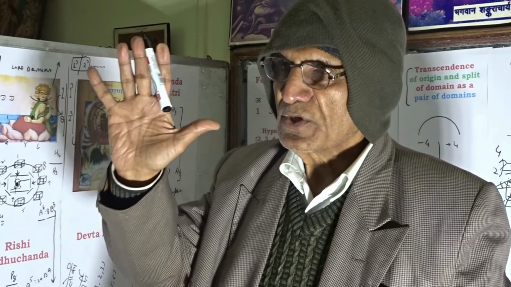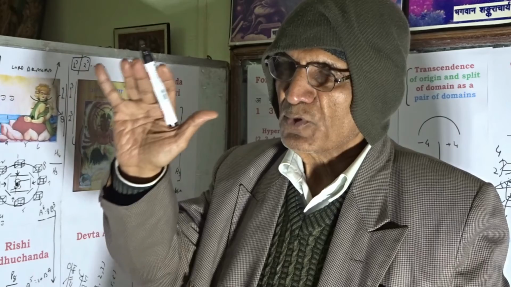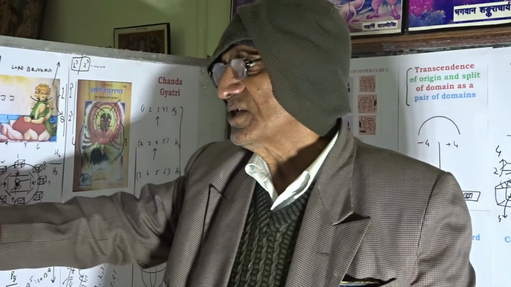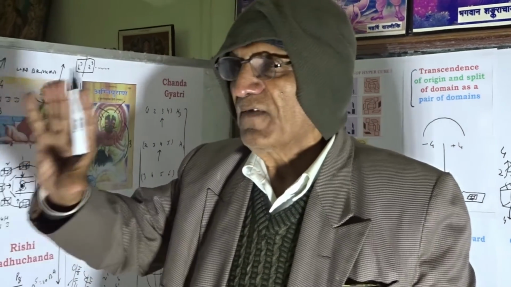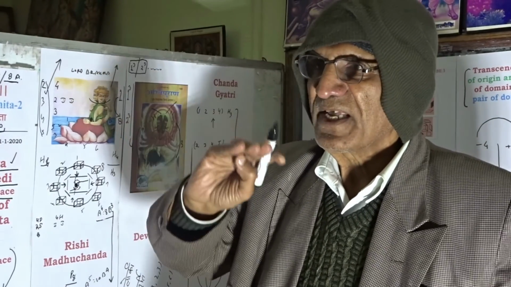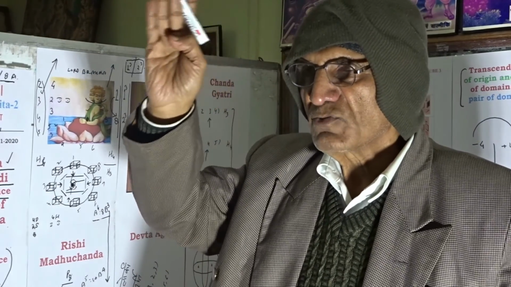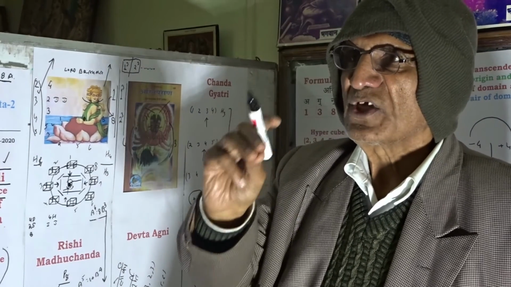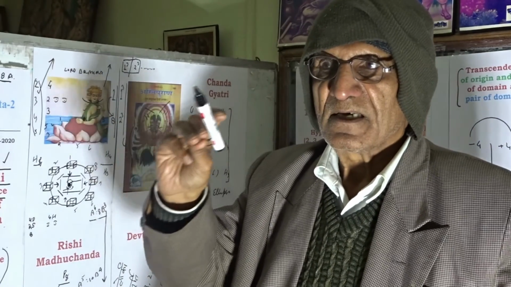So our solar universe is of the potentialities of the order of the transcendental domain itself. And 5 space in the role of a dimension will take us to 7 space, that is to a pole star, which is to play the role of an origin of a 6 space.